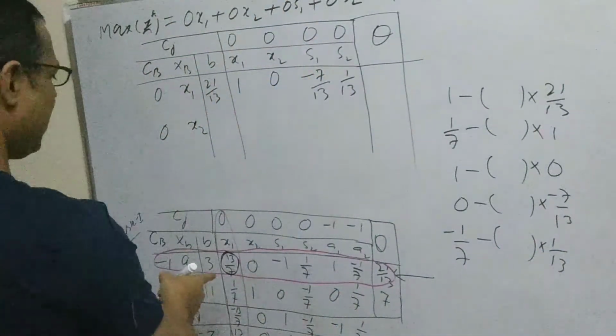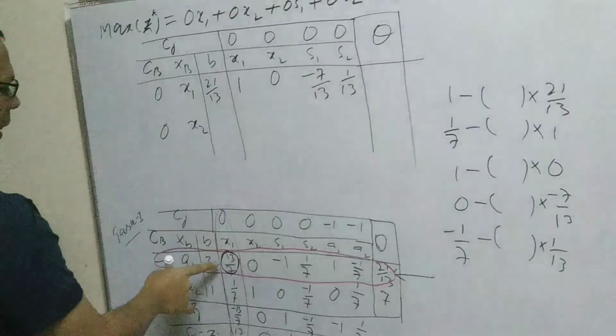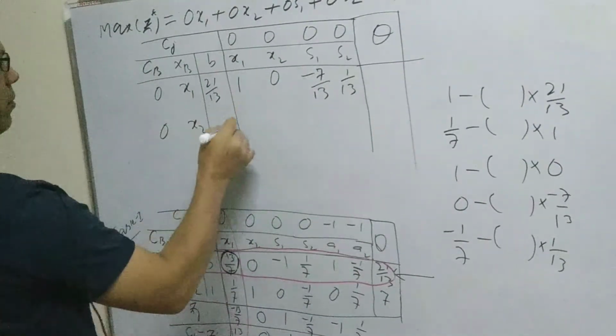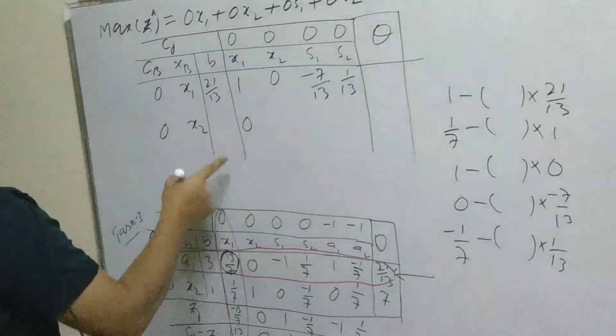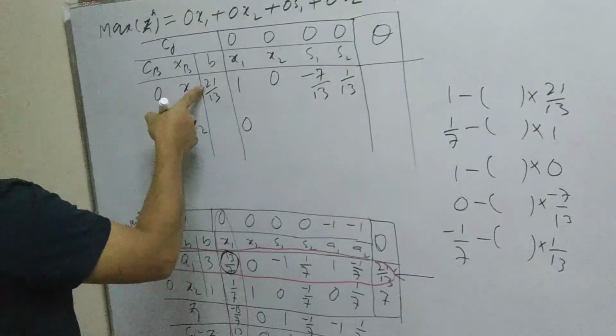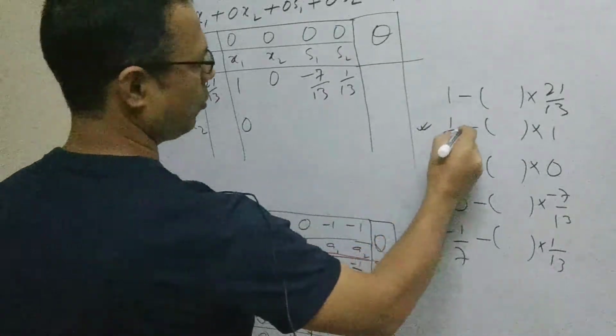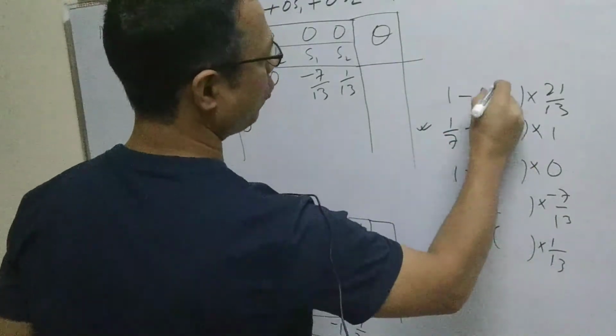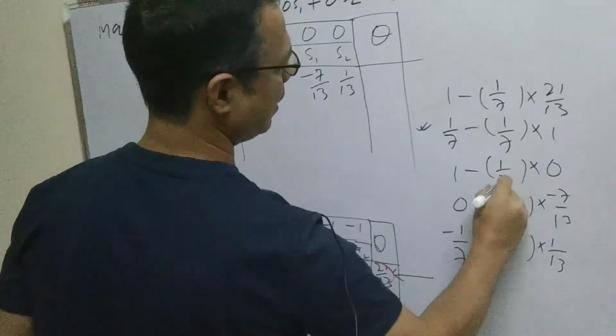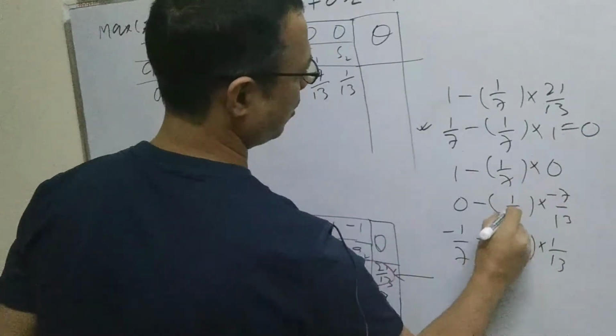Which value is going to be considered as the constant value? Because here we already have got 1, we need to make it 0. If you are starting from the B, at the second position we need to make these values 0. So 1 by 7 is already here, and if we put 1 by 7 here, this value automatically becomes 0. So this 1 by 7 is the constant value.